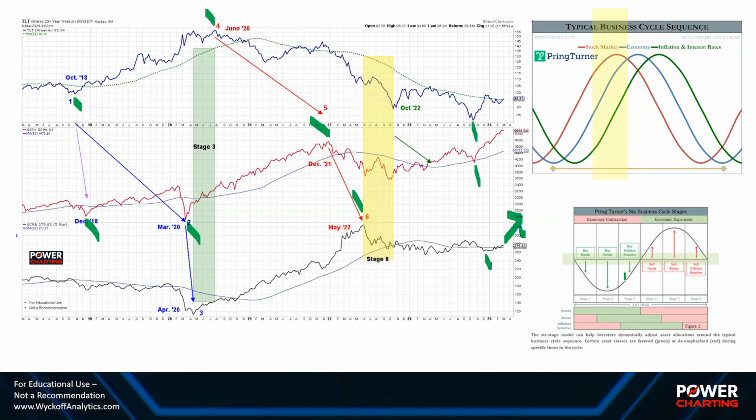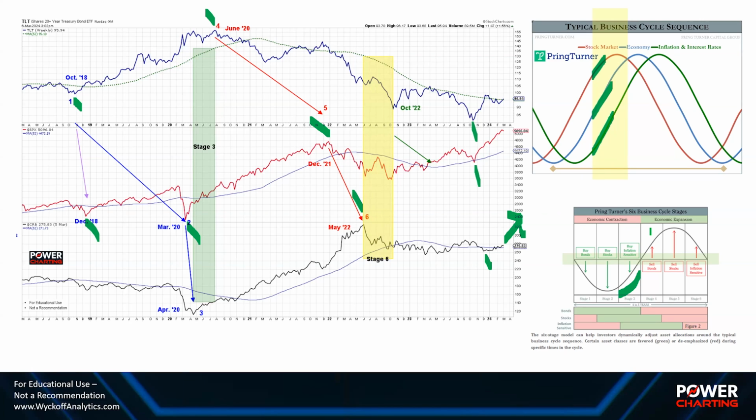And this puts us effectively in stage 3 of the business cycle, which is right here. Stage 3 is when you have stocks here in red. This is the economy here, and then you have inflation here. This is the time when you have bonds rallying, stocks rallying, and inflation rallying.